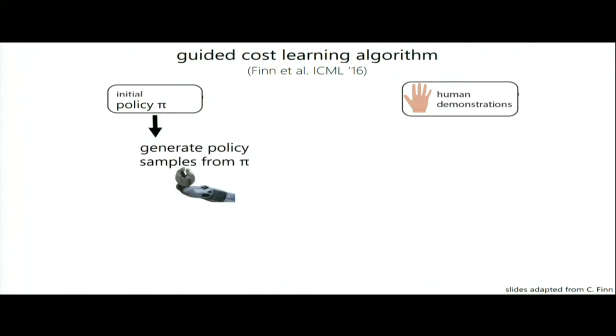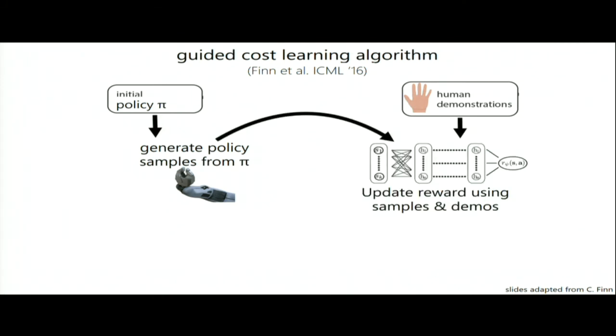And then you'll run your policy on your system, for example, on your robot, to get samples from that policy. And then you'll use importance sampling plus the human demonstrations to update your reward function using the samples and the demonstrations. And then you'll take the policy and you'll actually improve it with respect to that reward function to get a slightly better distribution to sample from next time, sample some more samples from that policy, importance weight them, update the reward function, and go around and around again.